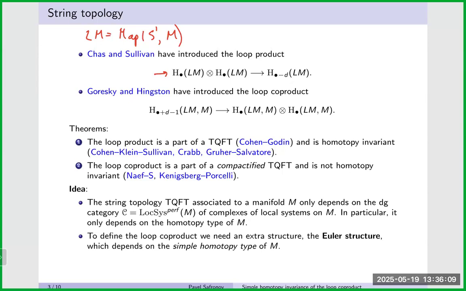And then there's another operation, which is a coproduct type operation, and that operation has a few subtleties. The first subtlety is that it's not just the usual homology, it's relative homology. So you look at homology of the loop space relative to constant loops, the subspace given by constant loops.